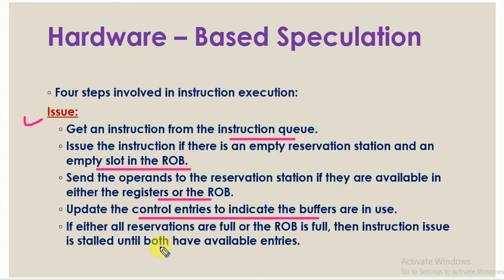If either all reservation stations are full or the ROB is full, the instruction issue is stalled until both have available entries. That means if the ROB or the reservation stations are full, it is an indication of a structural hazard.